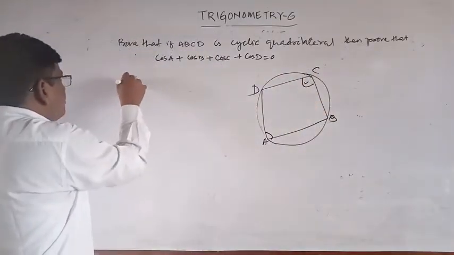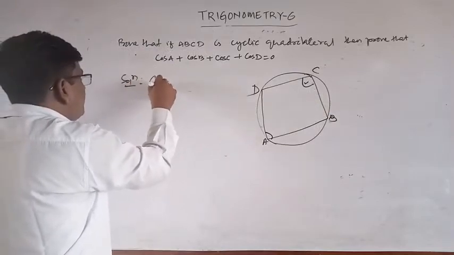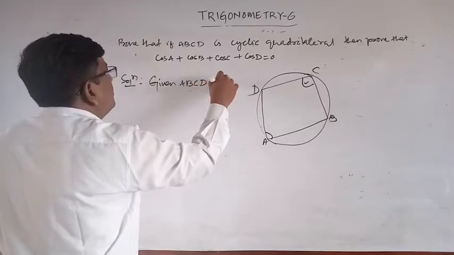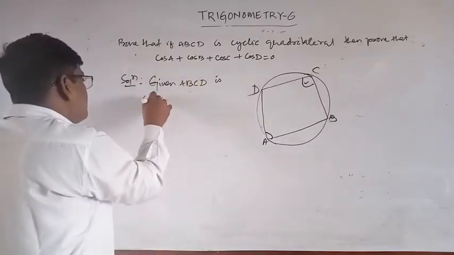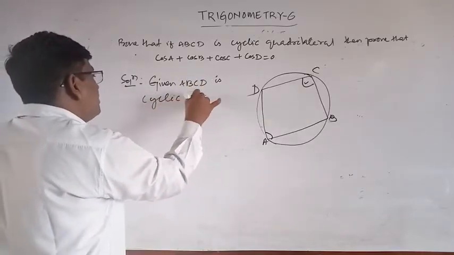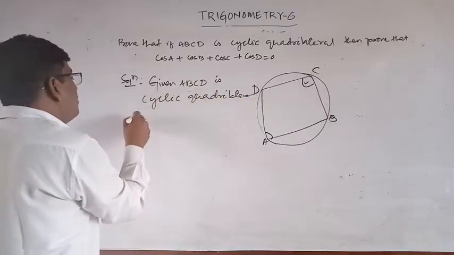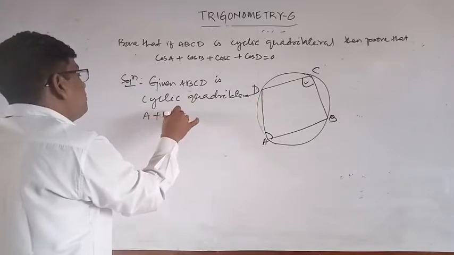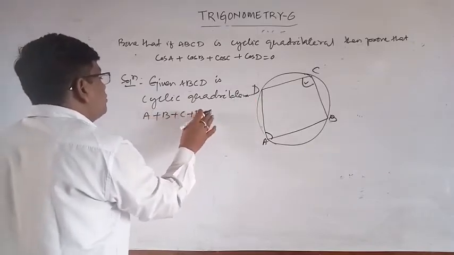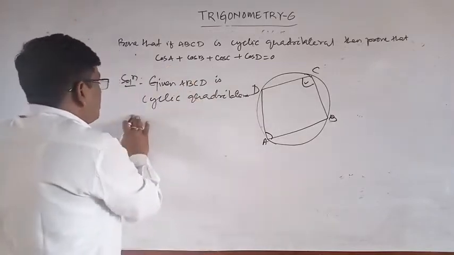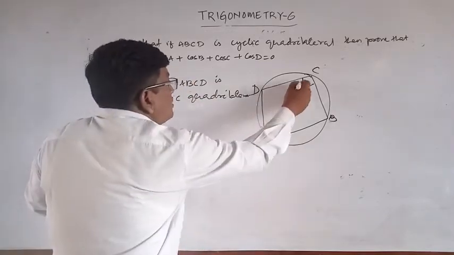Given solution: given ABCD is a cyclic quadrilateral. Now we have to prove cos A plus cos B plus cos C plus cos D is equal to 0. That is what? Sum of opposite angles is 180 degree.